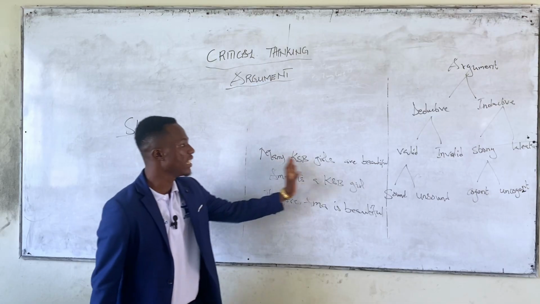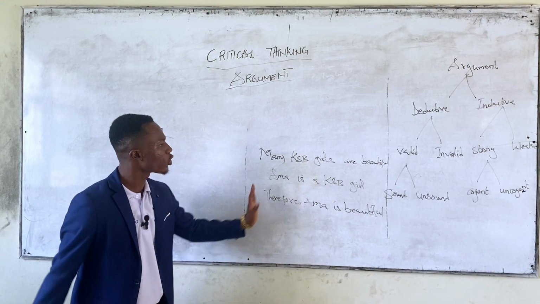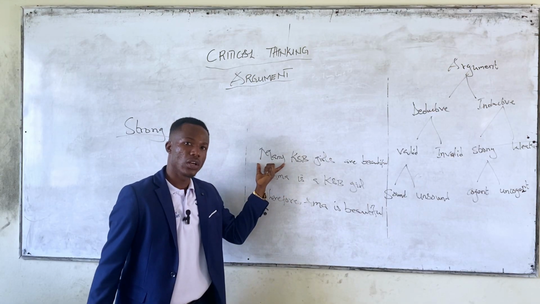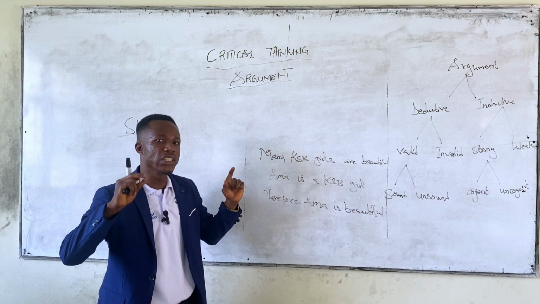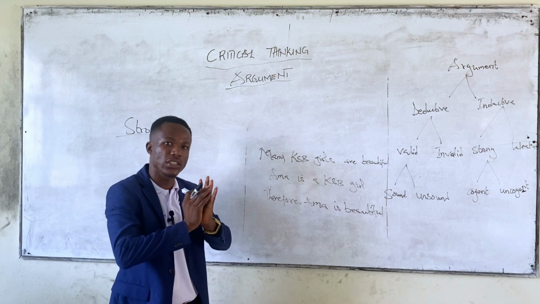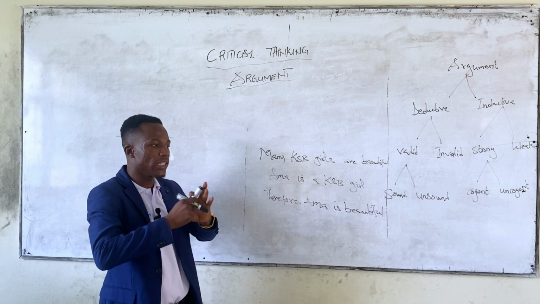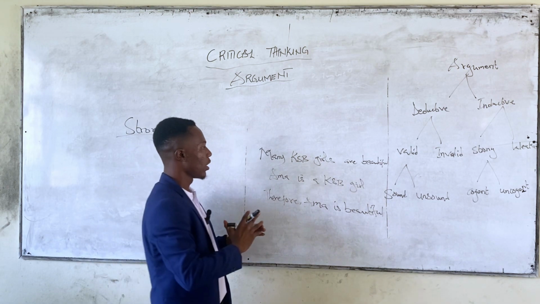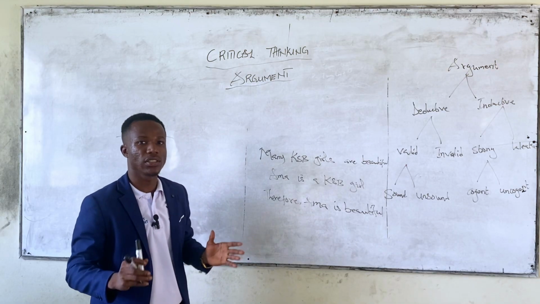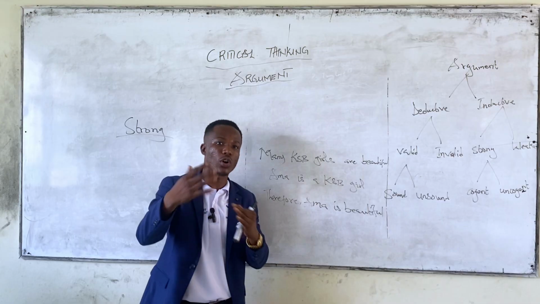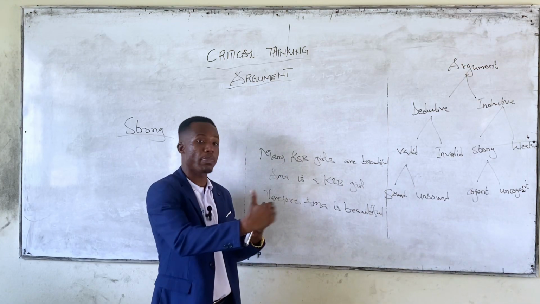You are seeing many, right? Although sometimes some of the inductive arguments may have all. Anytime you hear the indicator word all, it means they are referring to the whole population. But with many, it means they are taking some parts, most of that population.